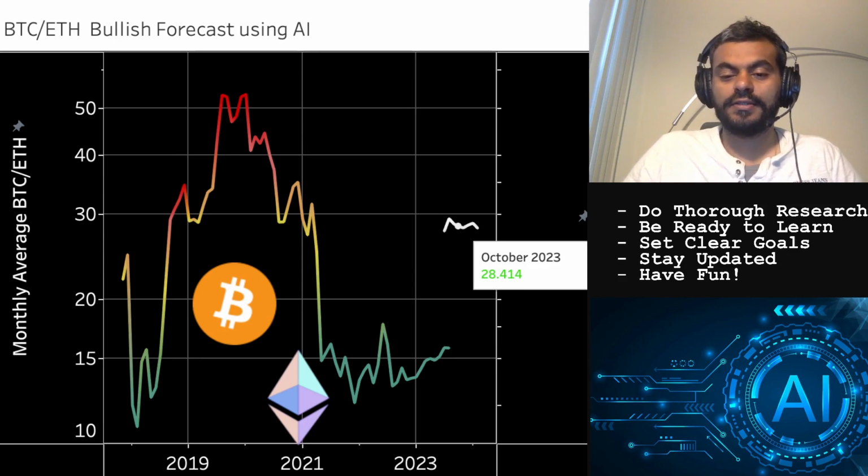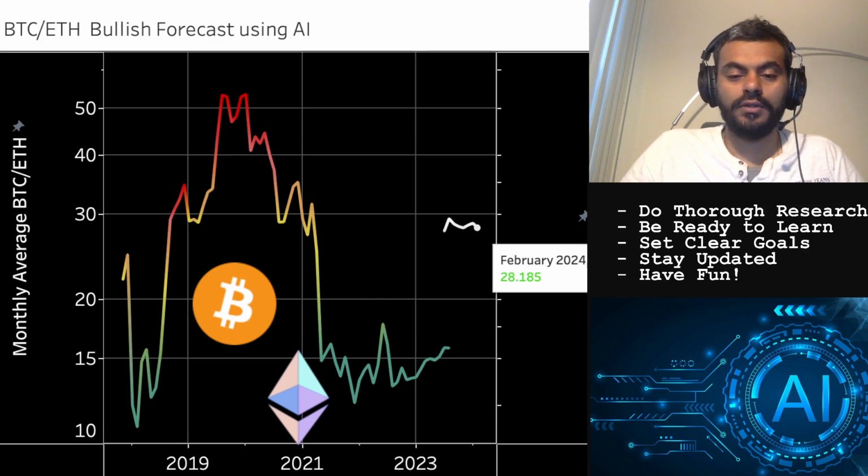For October, that is again 28.41, November 28.23, slightly lower valuations going forward. December 28.6, January 28.8, and February 28.1. So the 28 ether per BTC is the territory from now till February 2024 where this valuation at any point in future per the AI model would be a theoretical ceiling.